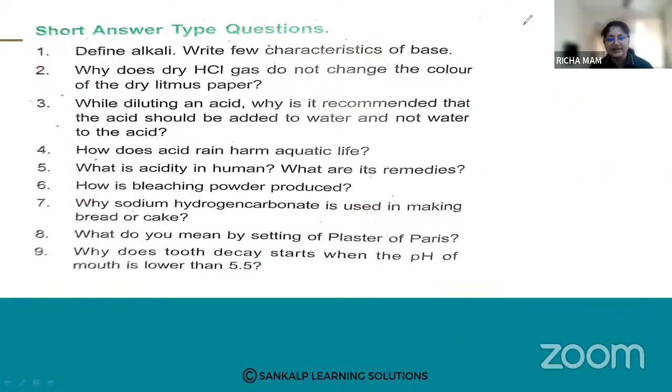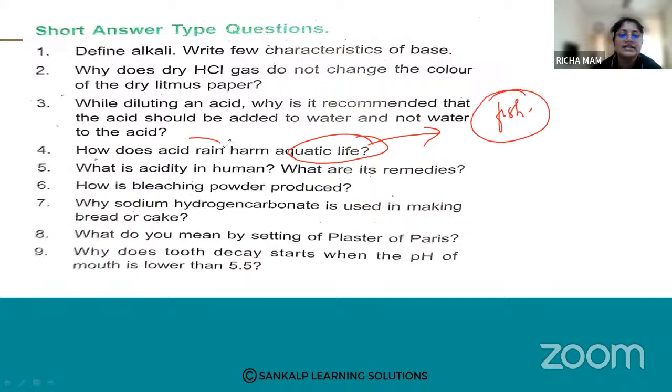Next question. How does acid rain harm aquatic life? Aquatic life means the fish and other aquatic organisms present in ponds, lakes and seas. They are asking how acid rain harms aquatic life.